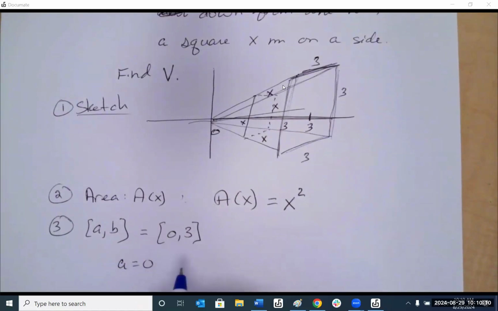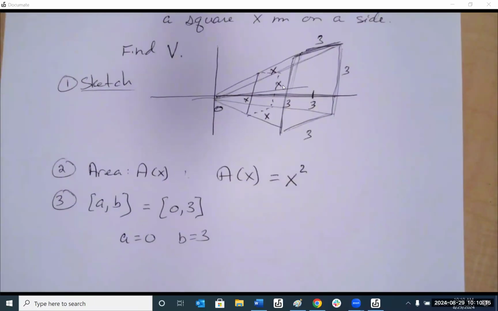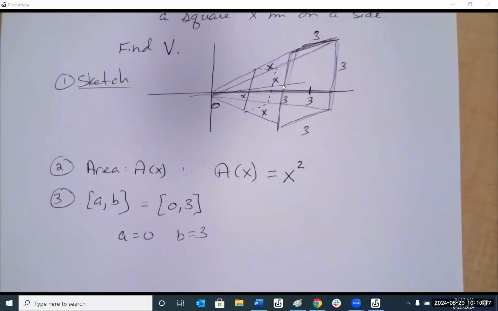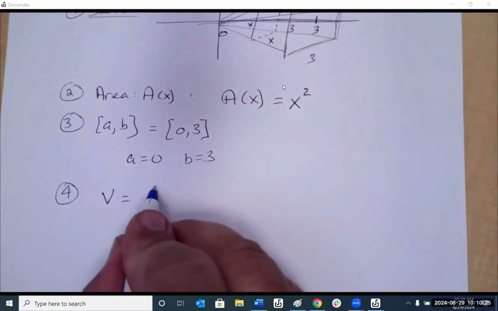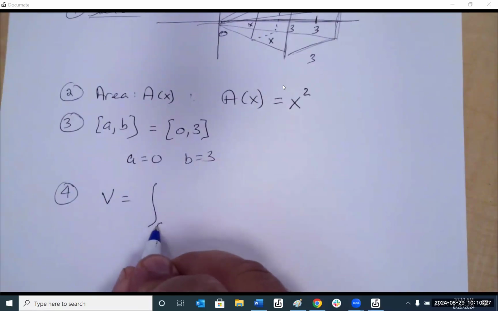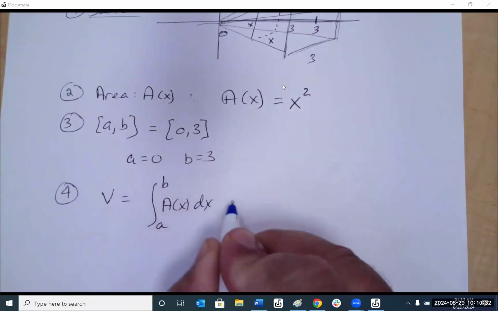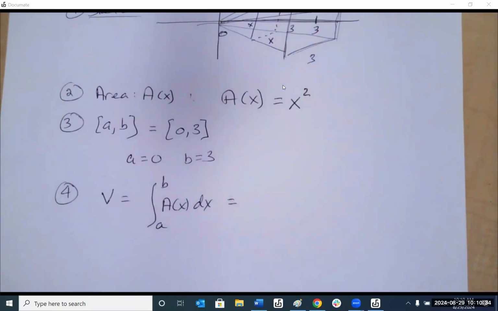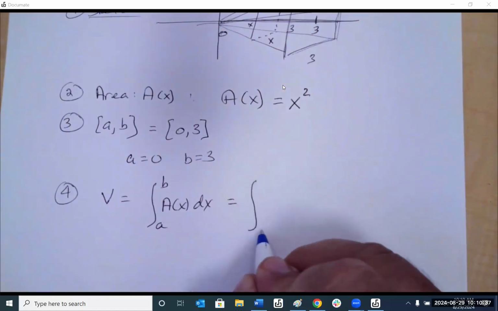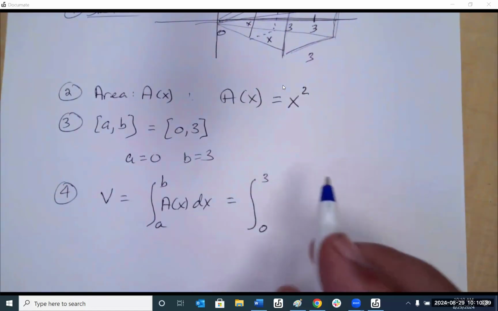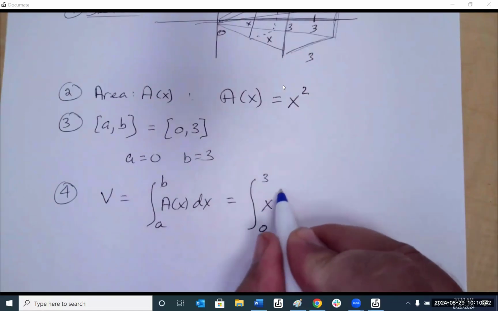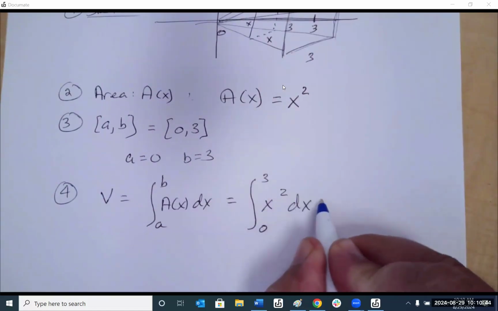So a equals 0, b equals 3. Put it all together. So the volume is equal to the integral from a to b of A of x dx. We're going from 0 to 3. Our equation is x squared dx.